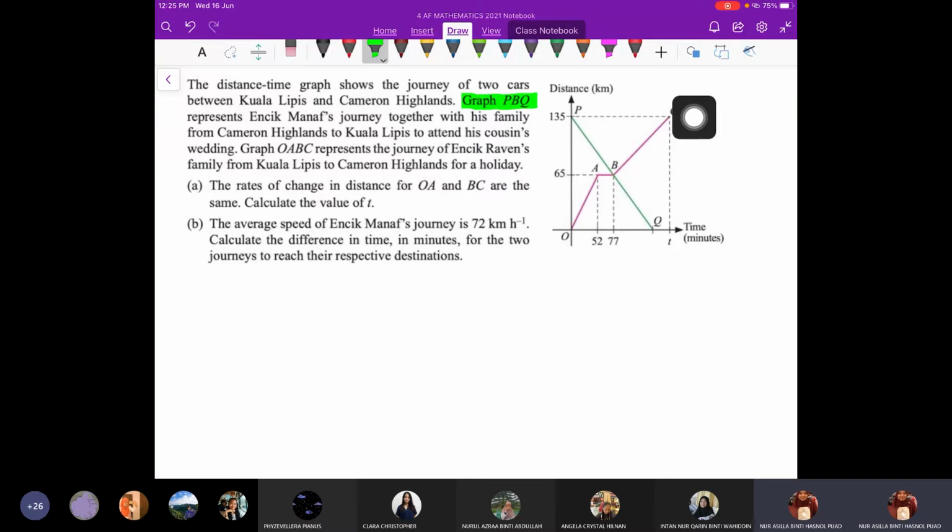Represents Encik Manaf's journey together with his family from Cameron Highland to Kuala Lipis. Jadi kat sini Cameron Highland, sini Kuala Lipis sebab dia patah balik ke Kuala Lipis. Okay, so saya dah boleh start ni lah Cameron Highland, kat sini Kuala Lipis. Start labeling.